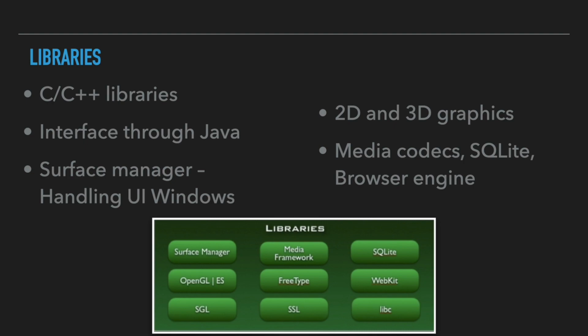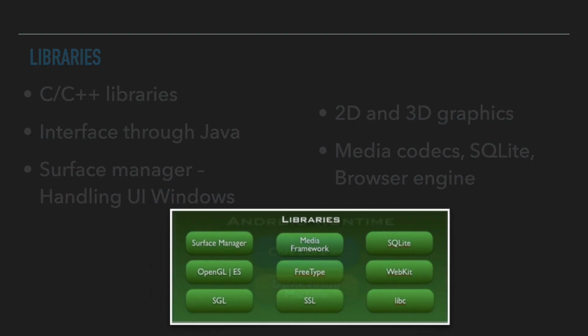You can see there are multiple libraries like C++ libraries, the Java interface, and 2D and 3D graphics. You can add pie charts, you can add 3D objects, and you can see the media codecs and SQLite. So the database that we often use in Android by default is SQLite, right?